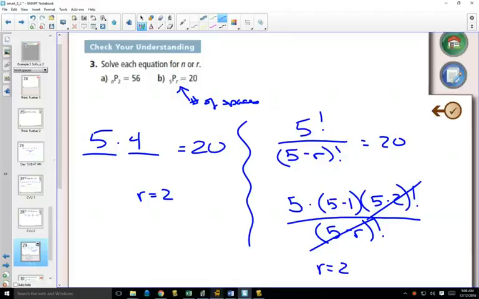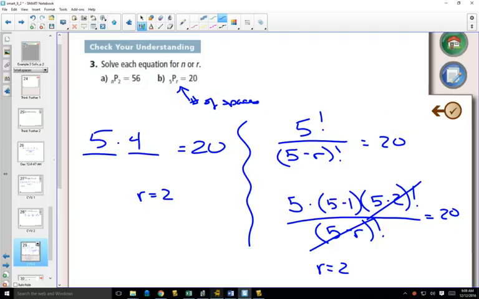I don't know if that is algebraic or not. It's kind of the same thing, kind of more confusing than it's worth. But the only way you can get it to equal 20 is if it cancels out at this point, right? Because then I have 5 times 4 on the top. Then r would have to equal 2.